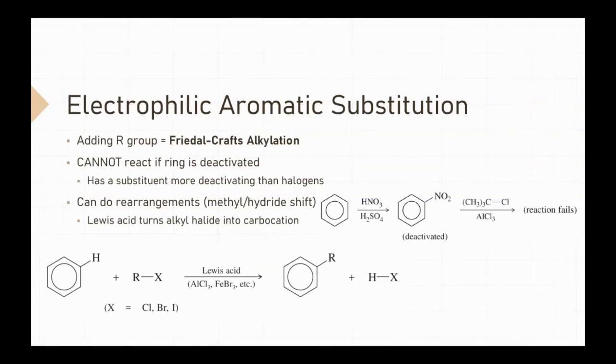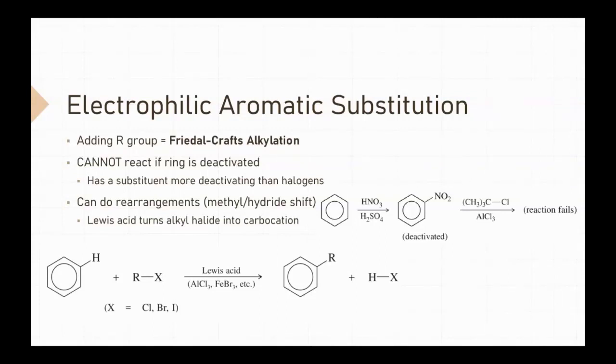And then with adding, if you want to add R groups, right, here's where Friedel-Crafts comes into play. Friedel-Crafts, remember, it is the AlCl3 and an R group with a chlorine. Now, the R group with a chlorine just adds the R group.